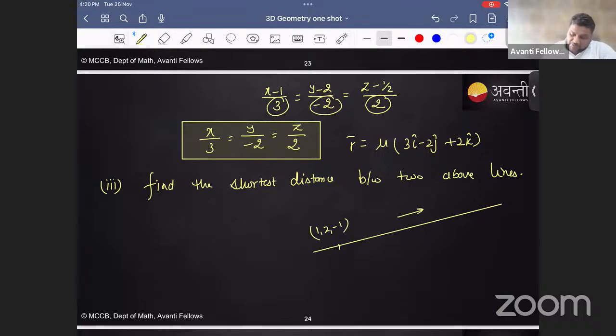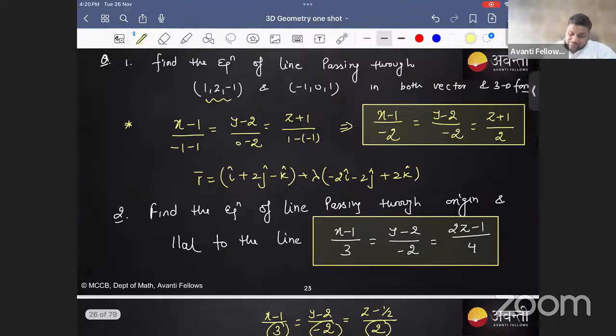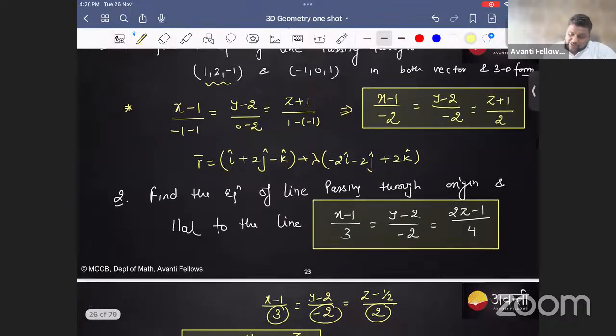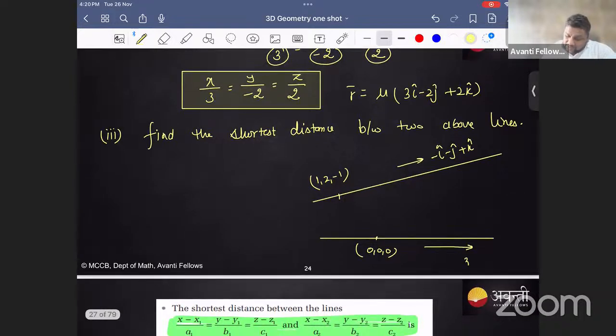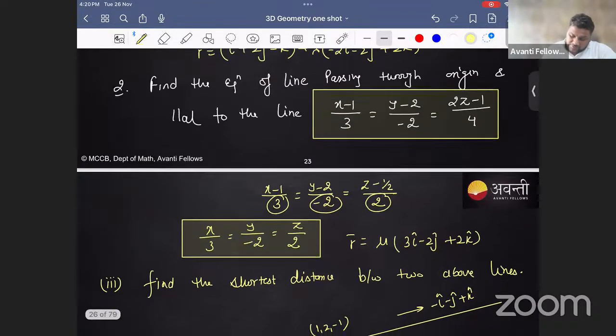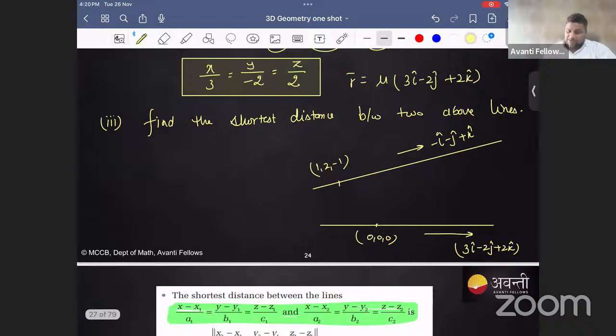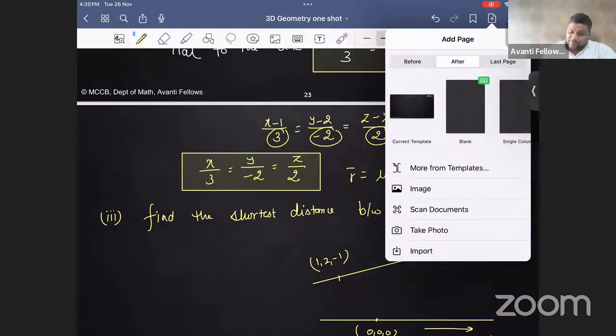It is along a vector minus 2i cap minus 2j cap plus 2k cap. I can write it as minus i cap minus j cap plus k cap. Now the second line is passing through 0, 0, 0, and it is along a vector 3i cap minus 2j cap plus 2k cap. Got it?